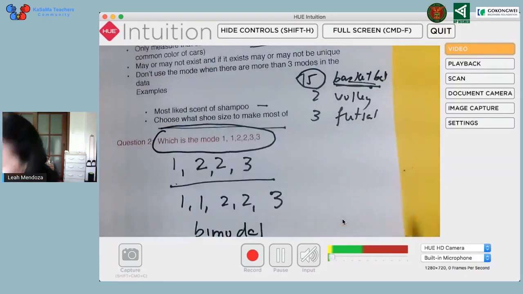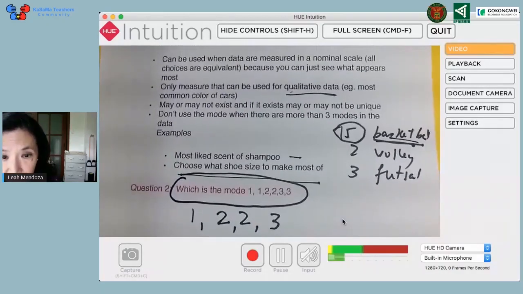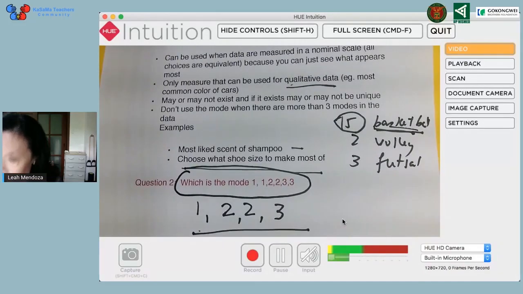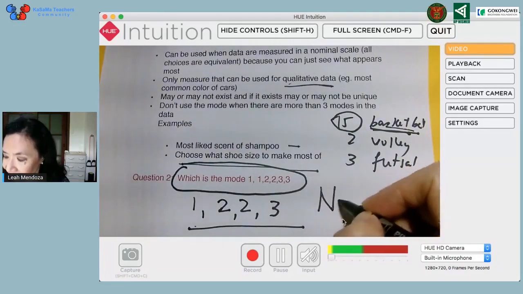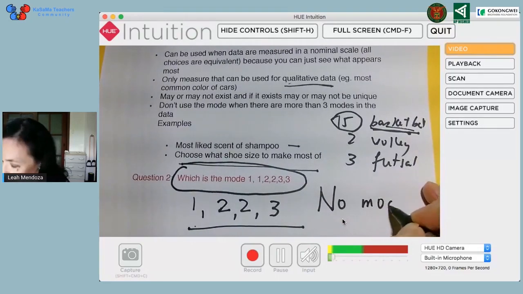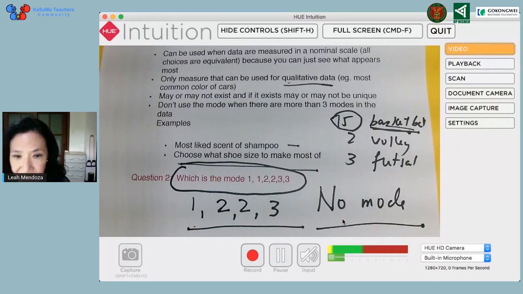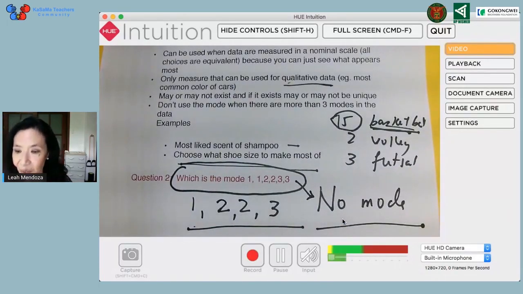Now, how about this one? What if the numbers are 1, 1, 2, 2, 3, 3? What is the mode? For those who answered, this is the correct answer: there's no mode. Why?